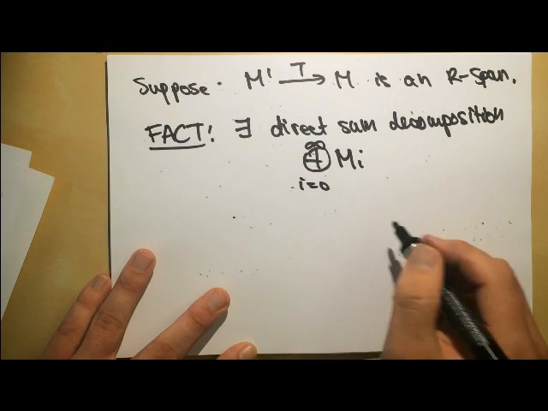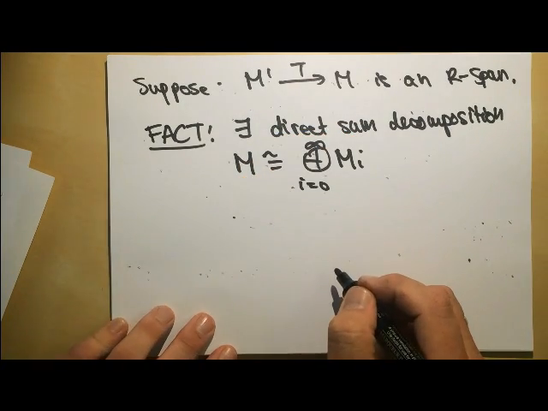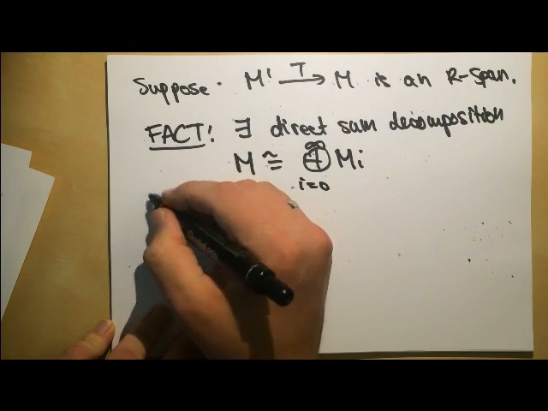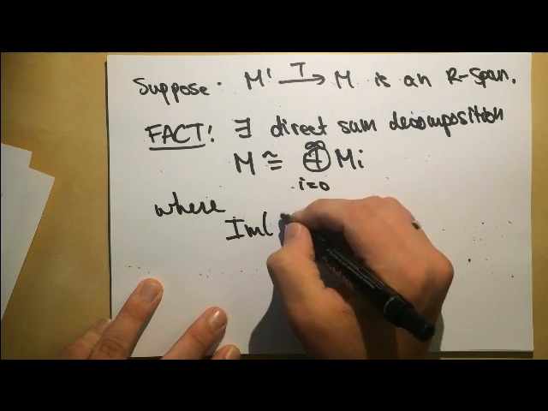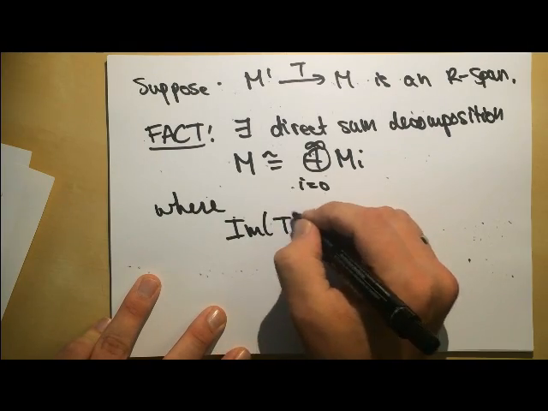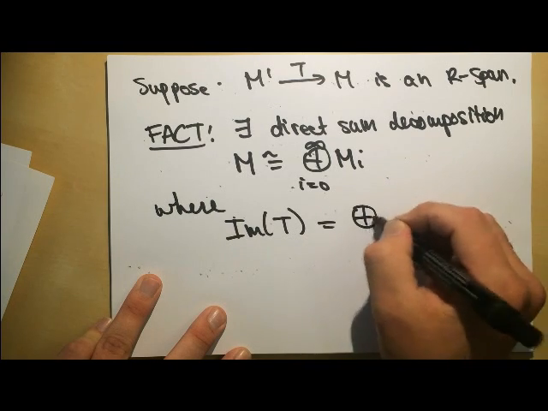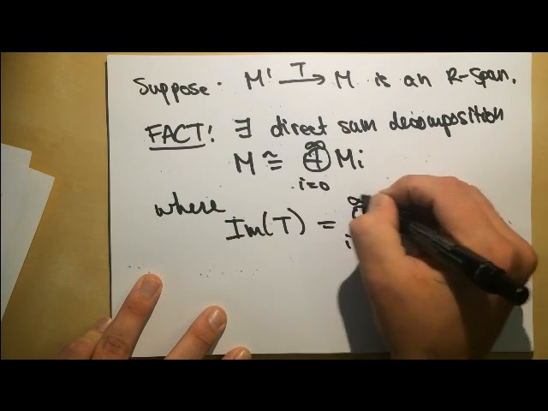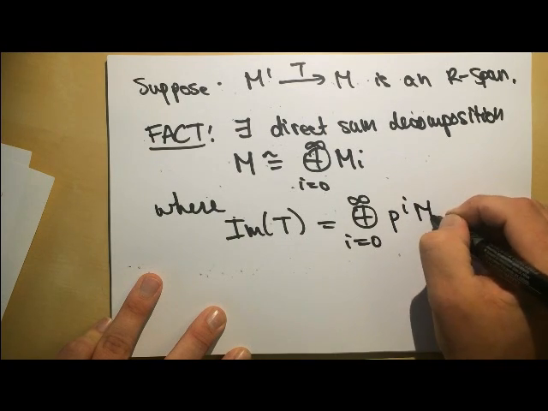Maybe some of these will be zero-dimensional pieces. So there's this direct sum decomposition where the image of T, the image of M' into this thing, since this map is injective, is going to be the direct sum from i equal to 0 up to infinity of p^i M_i.